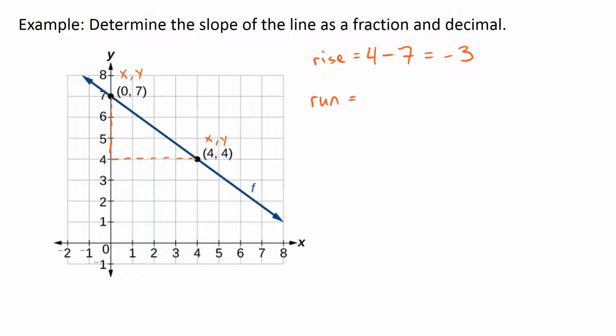The run is going from 0 to 4, which is 4. So the slope is going to be equal to rise over run, negative 3 over 4. And if we did this in our calculator, again, we'd get, this time, negative 0.75.